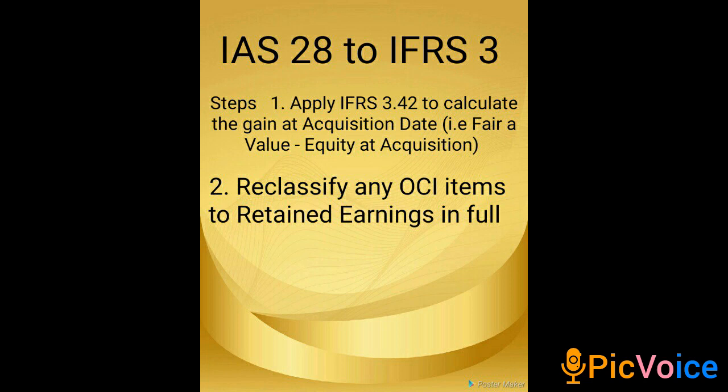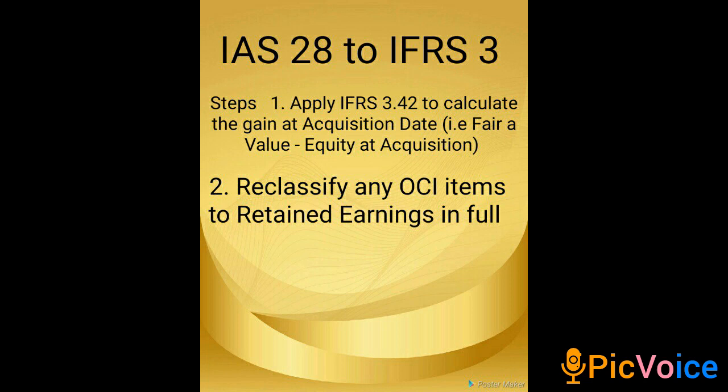And you then need to determine the associate using the equity method. And the difference between the equity method and the fair value will then give you the gain or loss. This gain will be credited and the loss will be debited. And if there's a gain, the investment will be debited. If there's a loss, the investment will be credited.